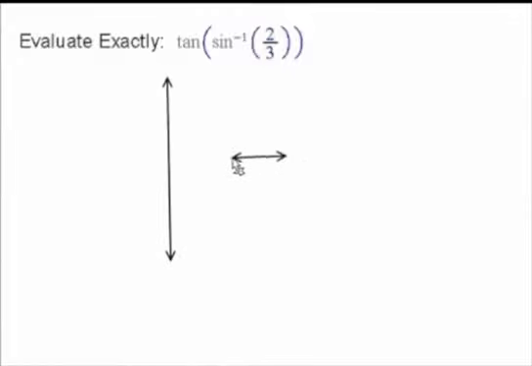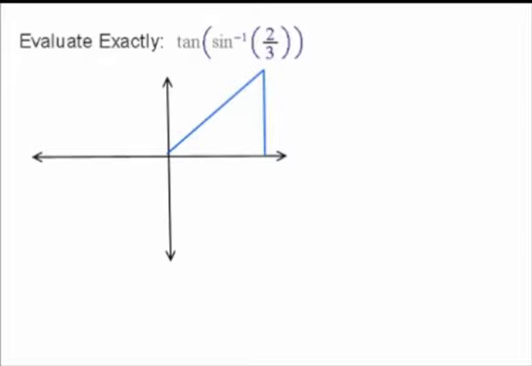Sine is positive in two quadrants, the second and the first, but sine inverse is only defined in the first and the fourth. So to be positive, it has to be a first quadrant angle. I'll put a reference triangle in the first quadrant and label the sides appropriately to this ratio.